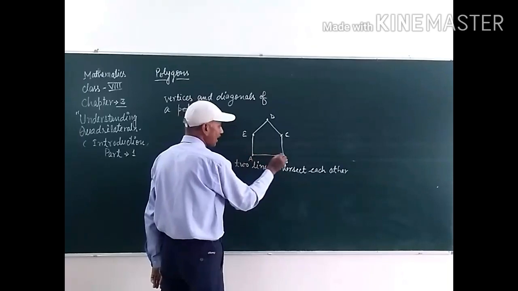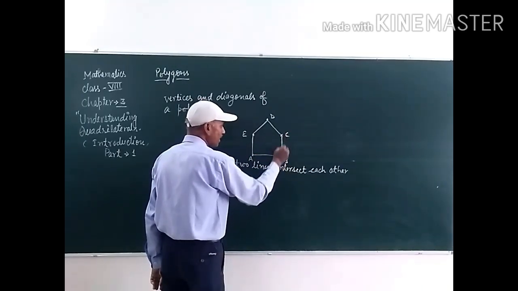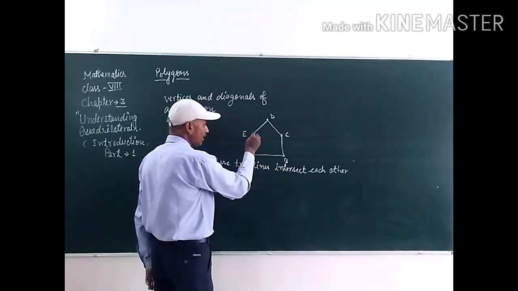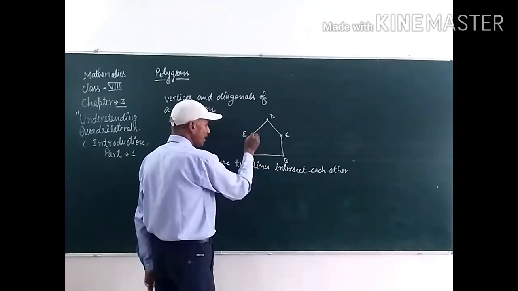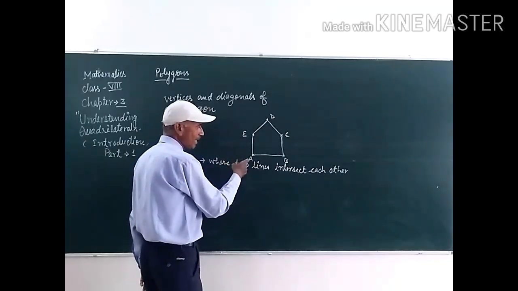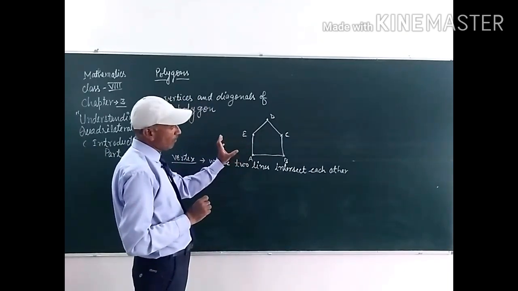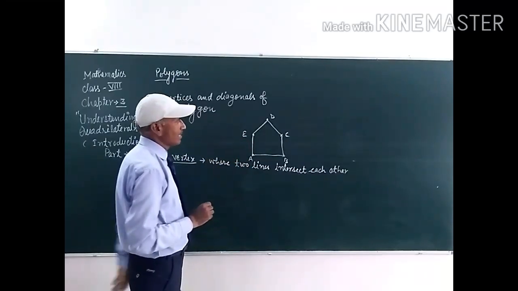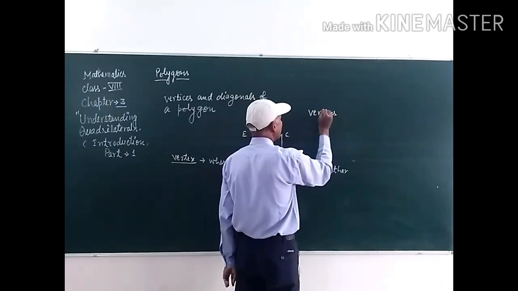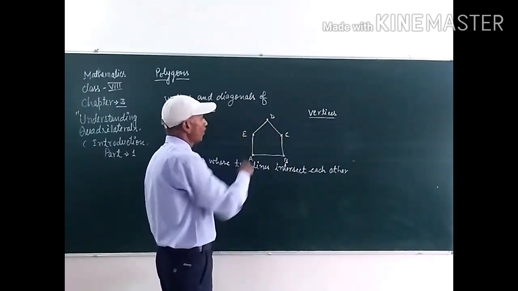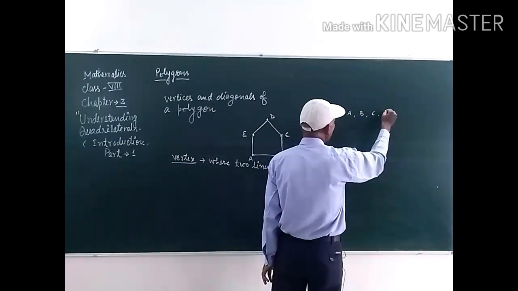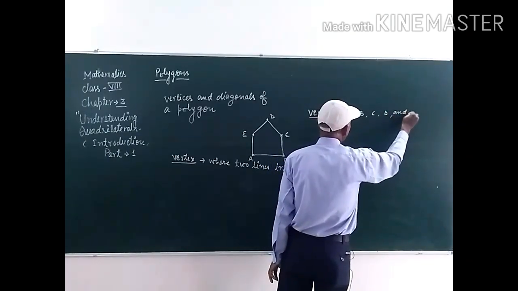Student, line AB and line BC intersect at this point, so this one is a vertex. And this AB and this line AE intersect at this point, therefore A is a vertex. So the vertices of this polygon are A, B, C, D and E.